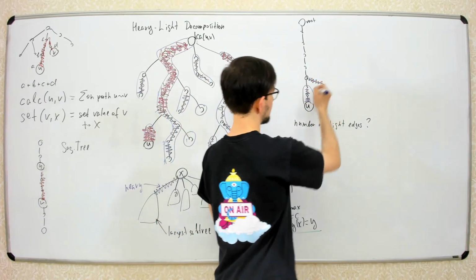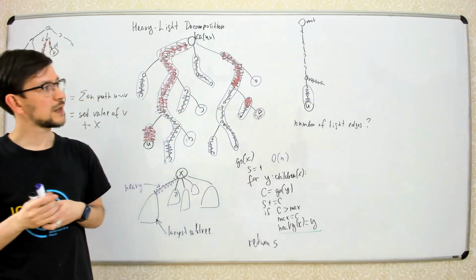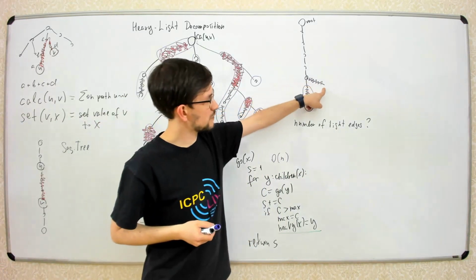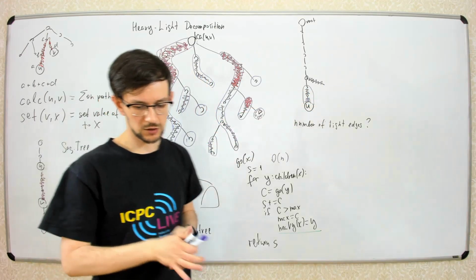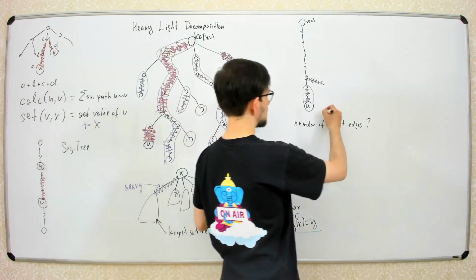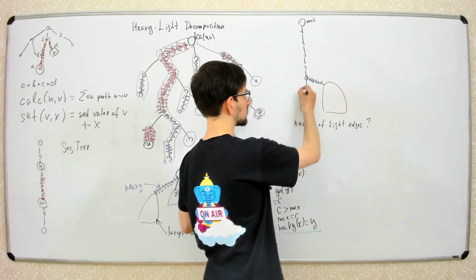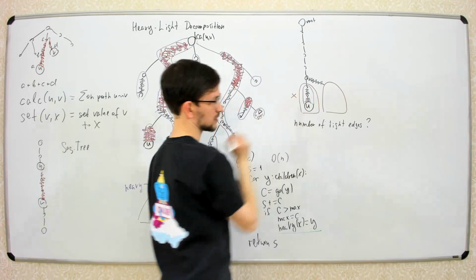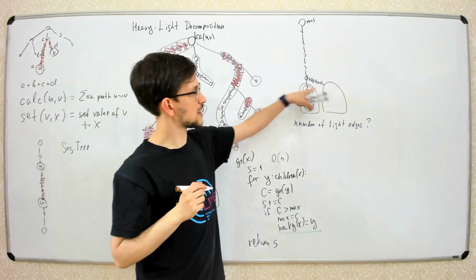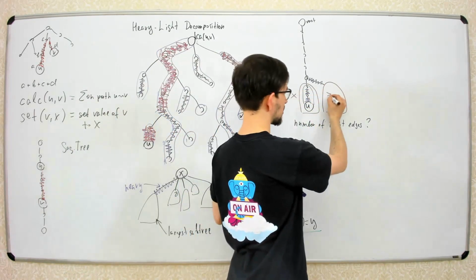So this edge is heavy. If this edge is heavy, it means that the size of this subtree is greater than the size of your subtree. If your subtree has size x, then the size of this heavy subtree is greater or equal to x.